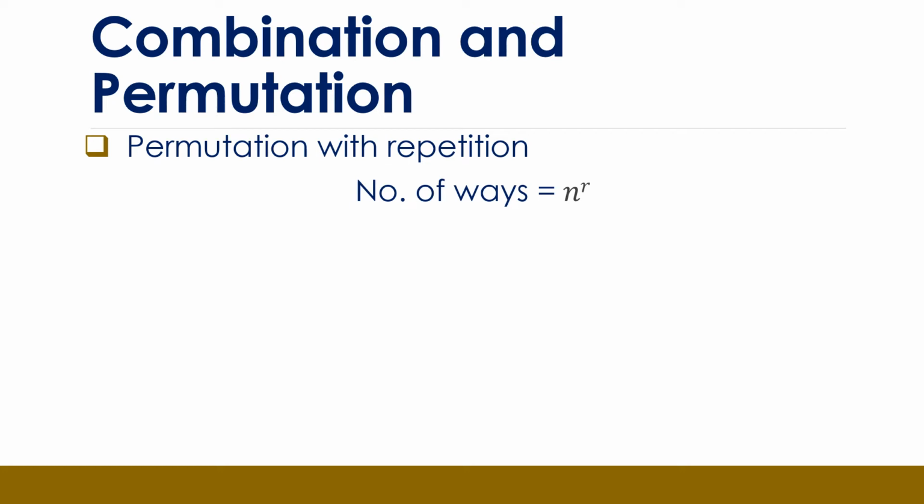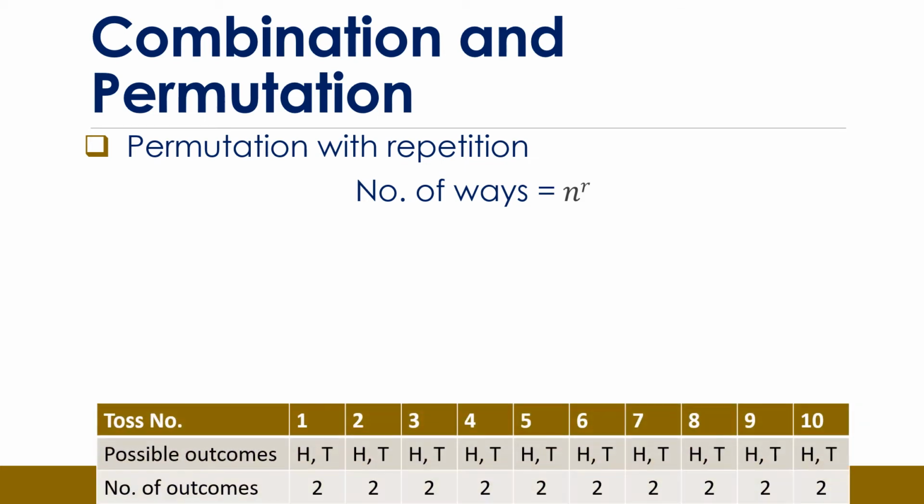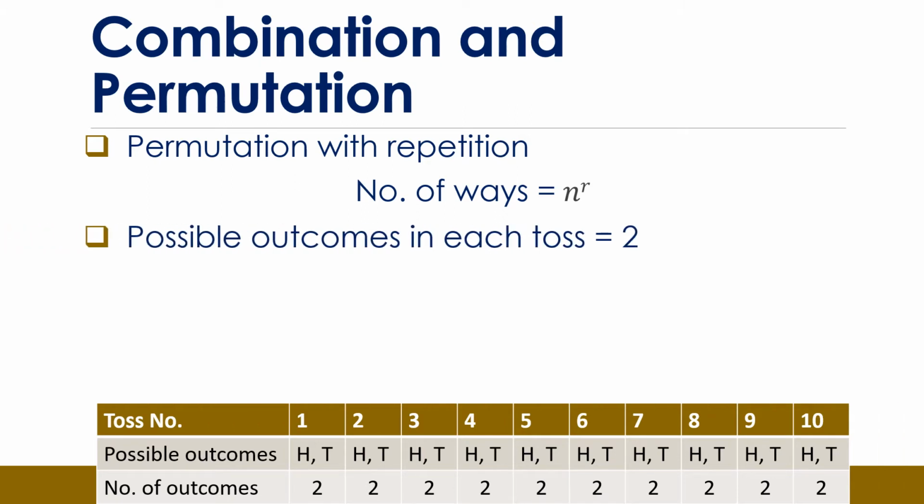Consider, for example, where we have a coin which we toss 10 times. What is the total number of possible outcomes? For each toss, we have 2 possible outcomes, head or tail, and you can see them here.